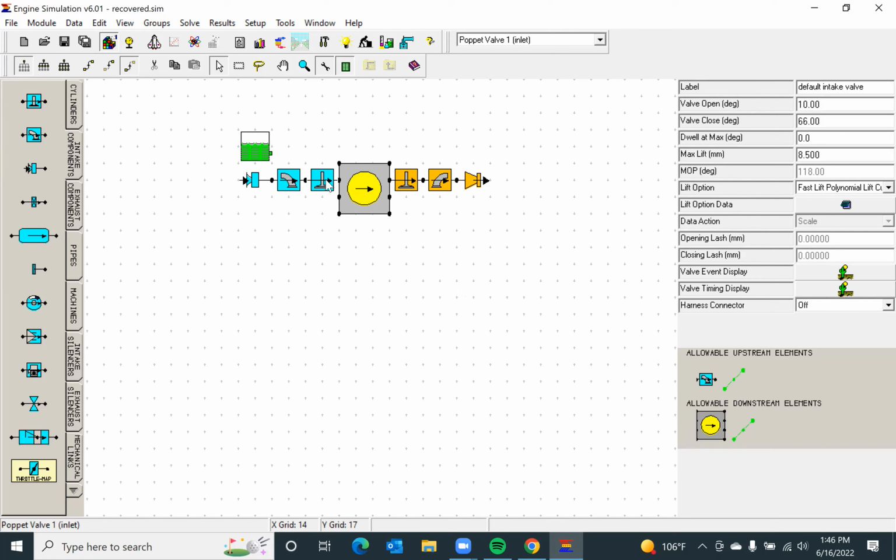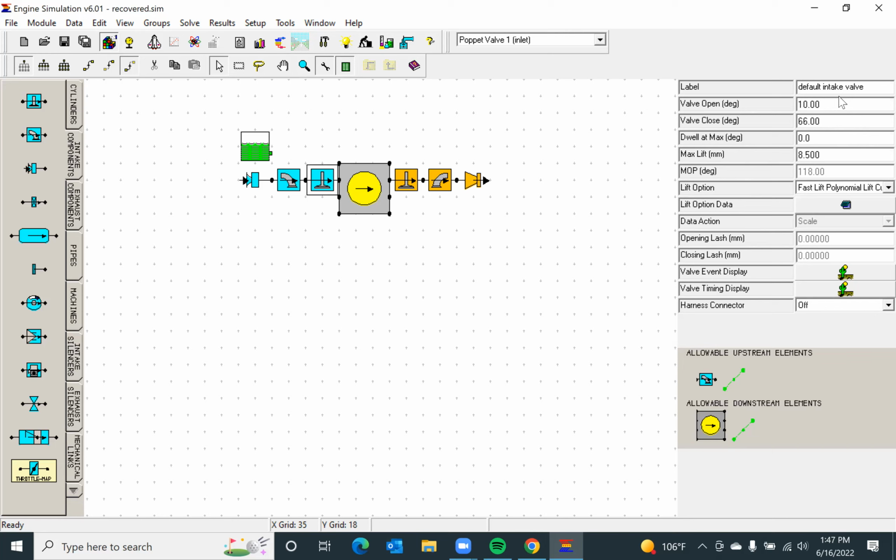Once you go onto the valve, it will tell you that this is the default intake valve. It has valve opening, valve closing, very important. Can you see that the valve is opening 10 degrees before and the valve is closing 66 degrees after?